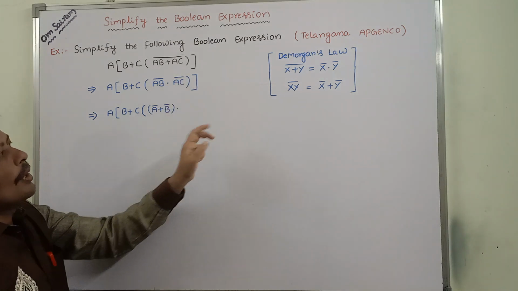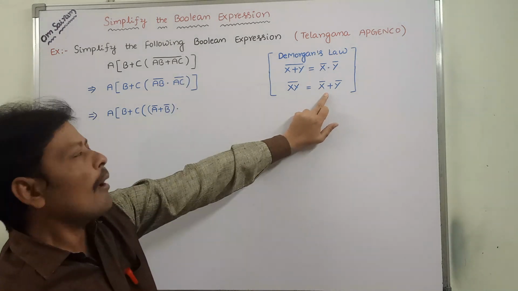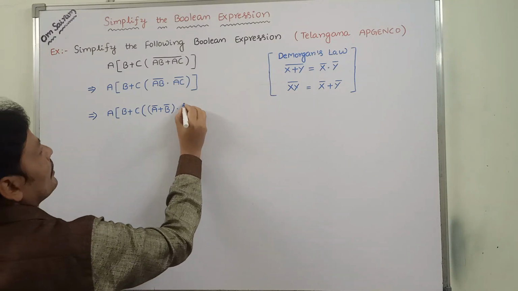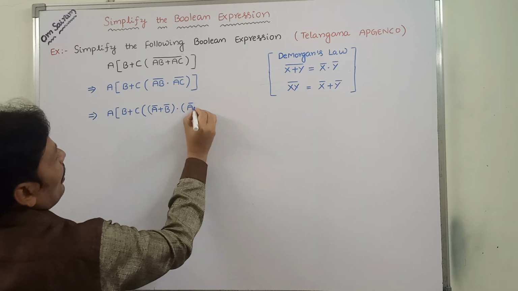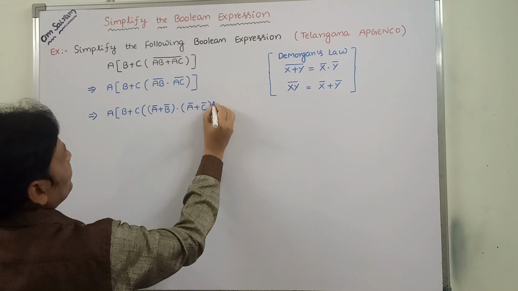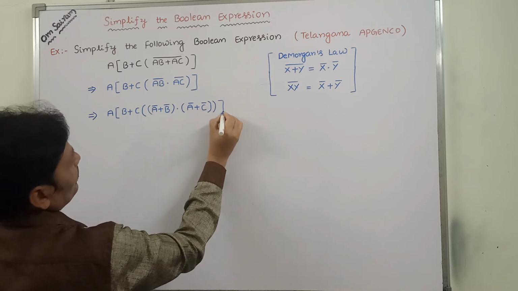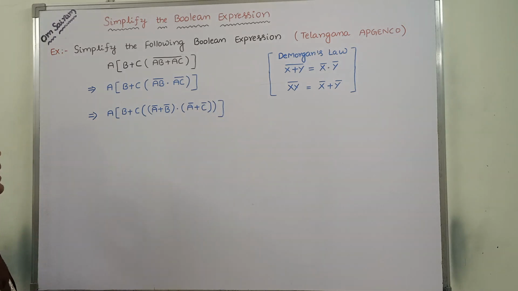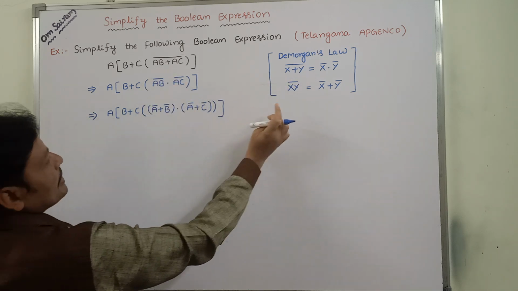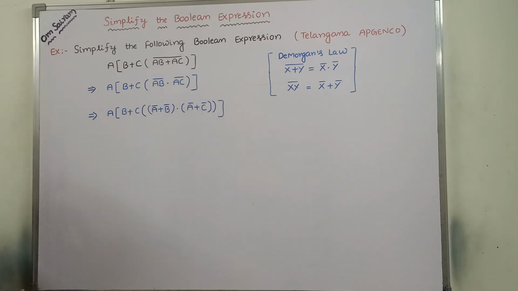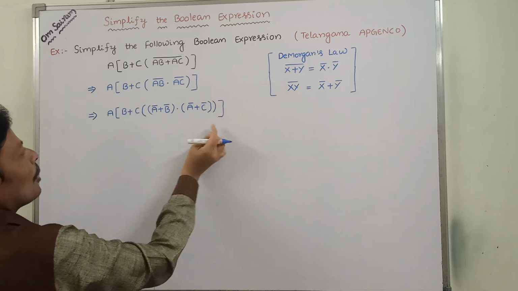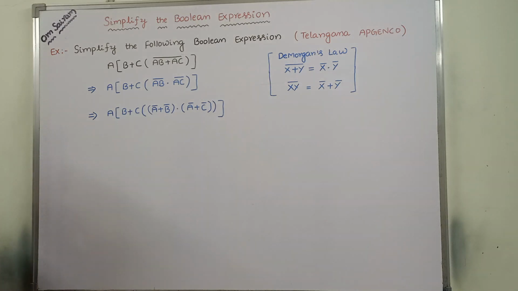According to this De Morgan's law, it can be written as A bar plus C bar. So the first law can be applied for this step, and the second law can be applied to this step. After applying these two De Morgan's laws, we are getting this expression.